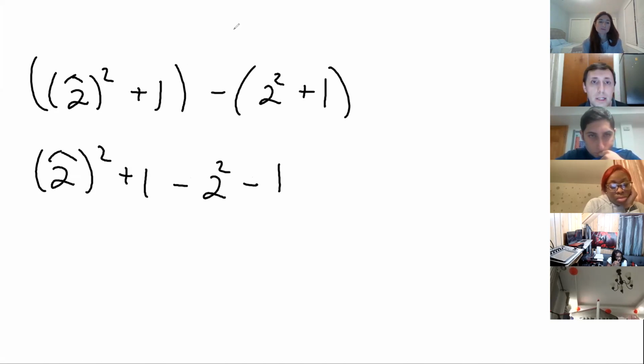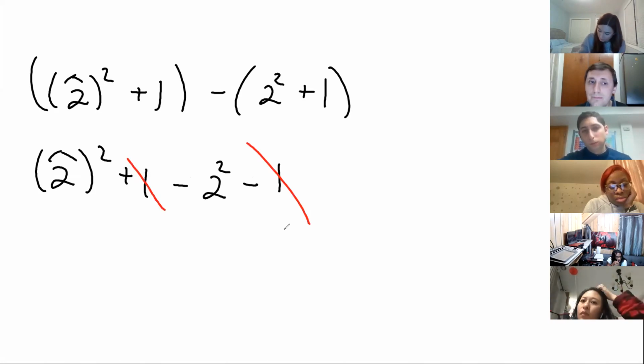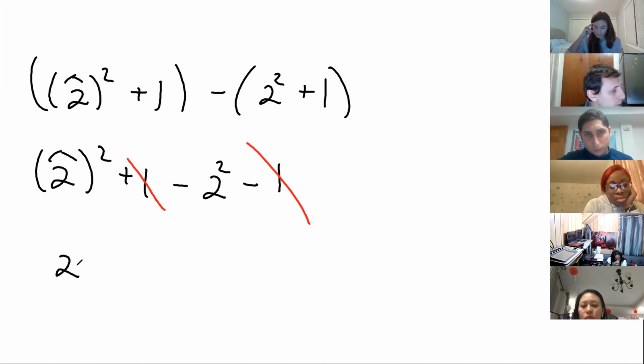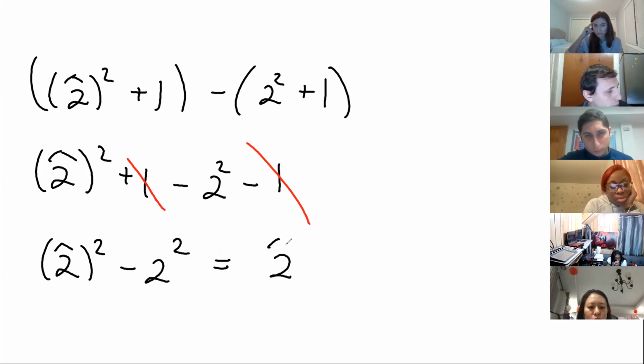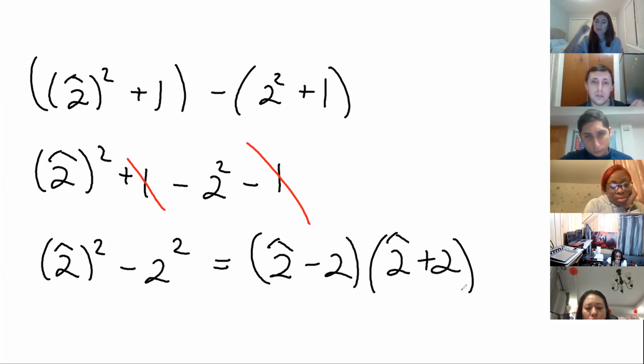The ones, they cross out. They disappear. The constants disappear. And I'm left with simply 2 hat squared minus 2 squared. And this I will factor in a moment. So that would be 2 hat squared minus 2 squared. That's 2 hat minus 2 times 2 hat plus 2. Yes?